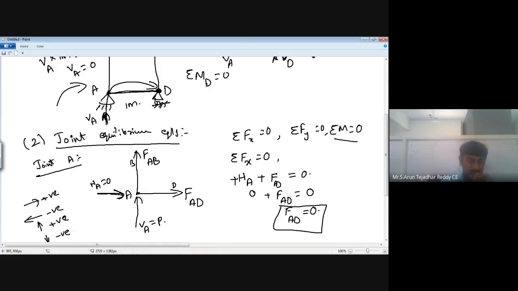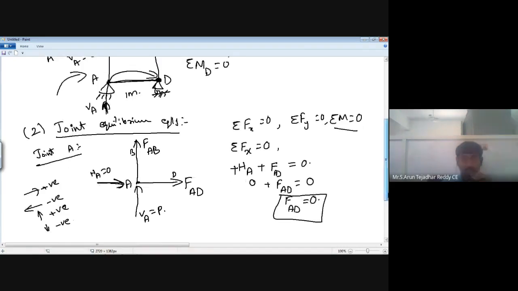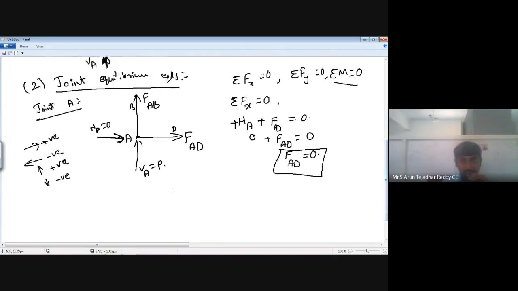So we have calculated one force, that is FAD is equal to 0. All of you write down. After completion of sigma Fx, next is sigma Fy is equal to 0.